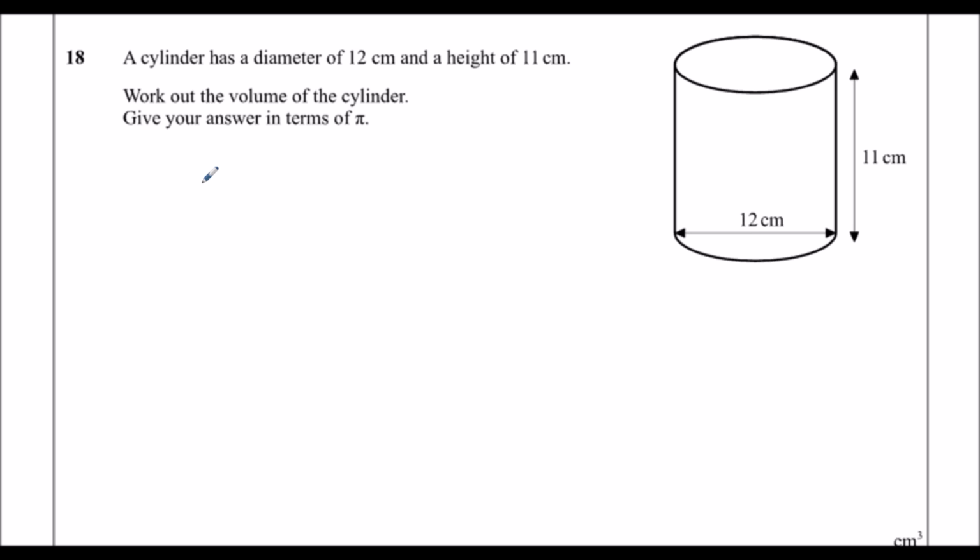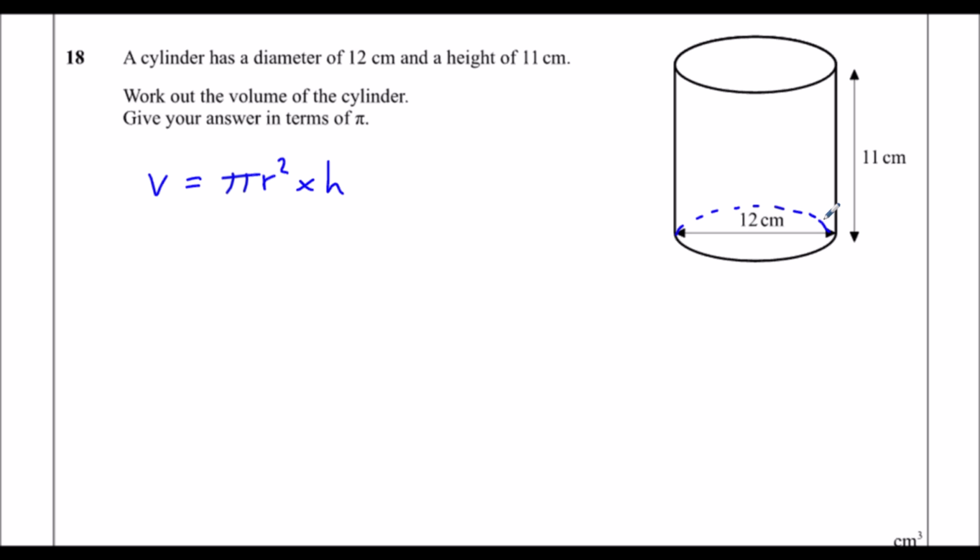The volume of a cylinder is the area of the base, so the area of the circle of the base, and this is where you can use your formula sheet because this formula is given to us. The area of a circle is pi times the radius squared and times the height, or times the length. And you can also see that in the formula sheet under the volume of a prism. So pi r squared times the height.